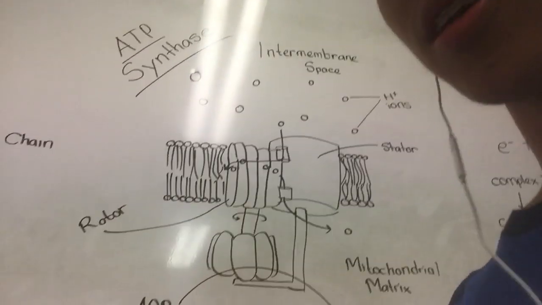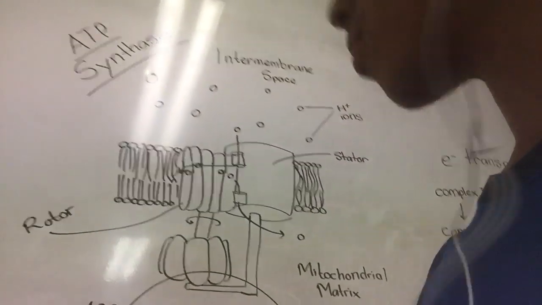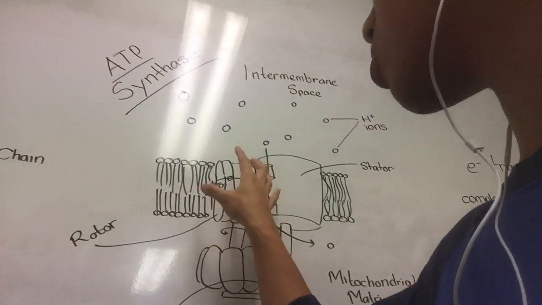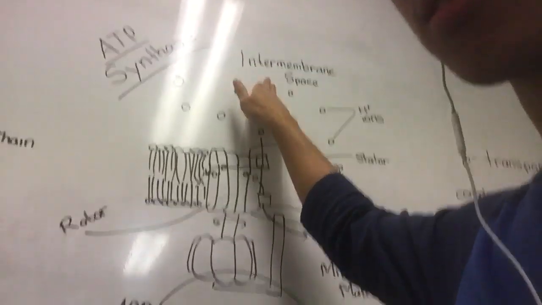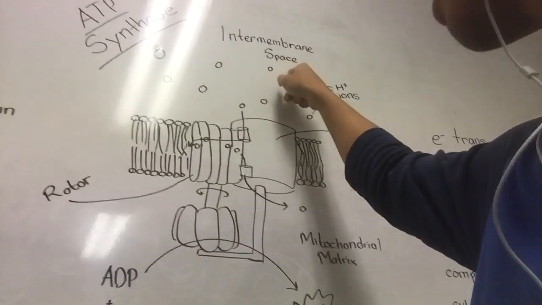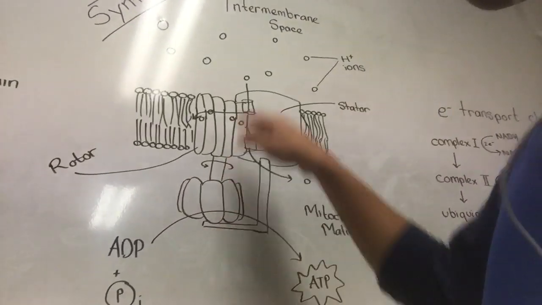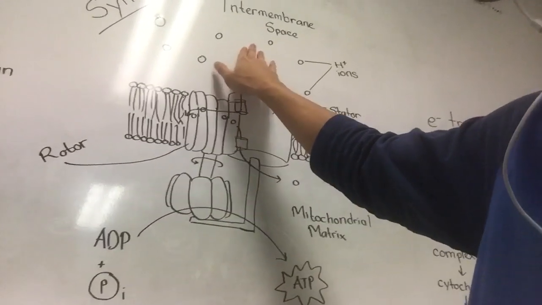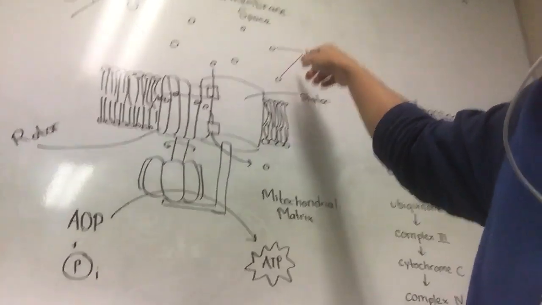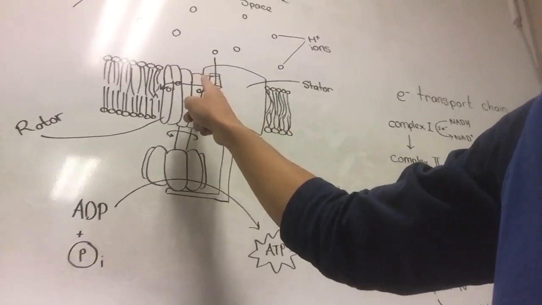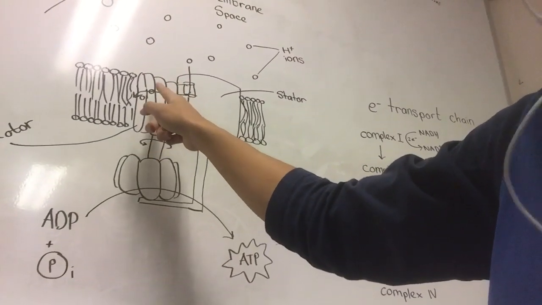So that's what ATP synthase looks like. It's shaped in the form of a number of gears, and so this would be the intermembrane space, and this would be the mitochondrial matrix right here. There are going to be hydrogen ions outside in this intermembrane space, and they go into the ATP synthase and go around this rotor.